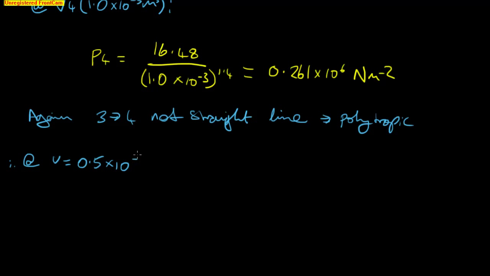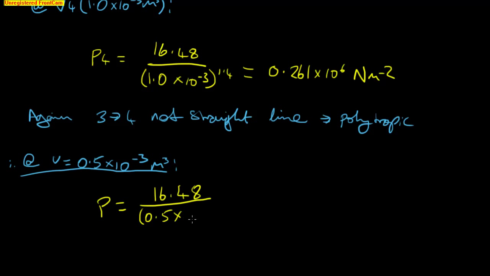So let's say again we'll go with 0.5 litres. And we just do the same thing again and get our pressure, which works out as 0.689 megapascals.